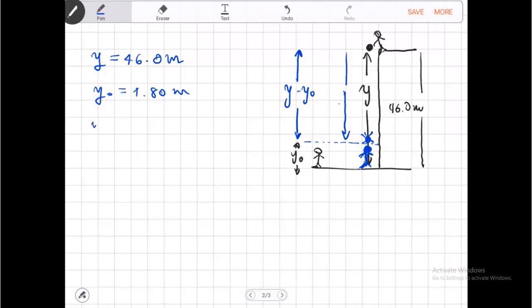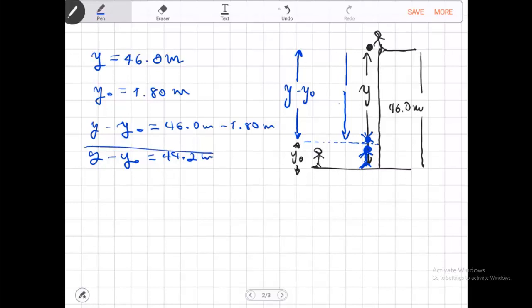So we can calculate the difference between these two as 46.0 meters minus 1.80 meters. That's 44.2 meters. That's the distance the egg has to fall to hit the professor's head. Alright.